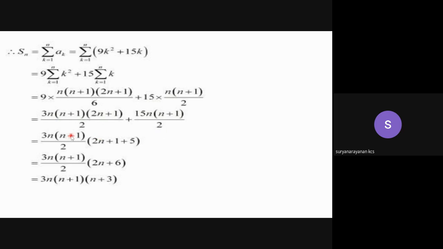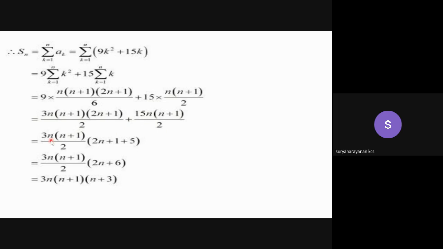Now, by taking the common factor from the two terms, what is the common factor? If you observe the factors carefully, here 3 is one factor, n is one factor, n plus 1 is one factor, 2n plus 1 is another factor. Similarly, here 15, n plus 1, three different factors are there. By 2 also, one more factor, 1 by 2. So, by observing these two terms, we have to identify the common factor.